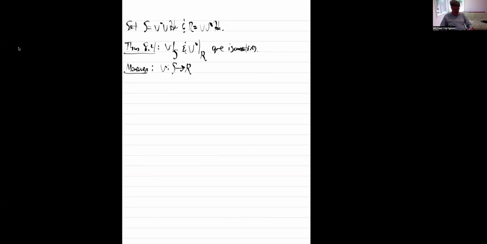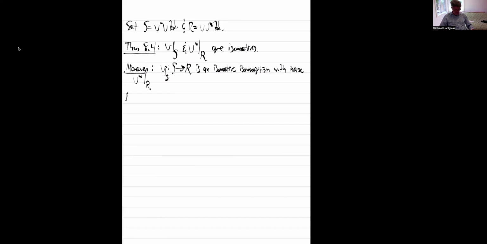V maps the source to the range, and this is an isometric isomorphism with inverse V star restricted to the range. So V restricted to the source is an isometric isomorphism with inverse V star restricted to the range.